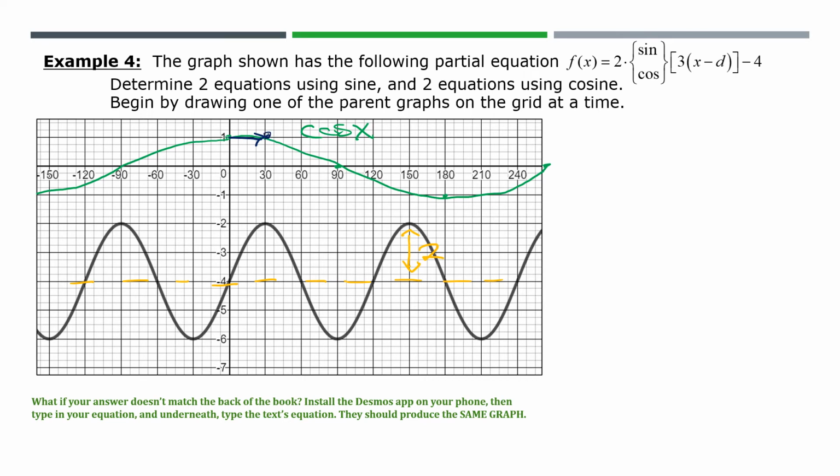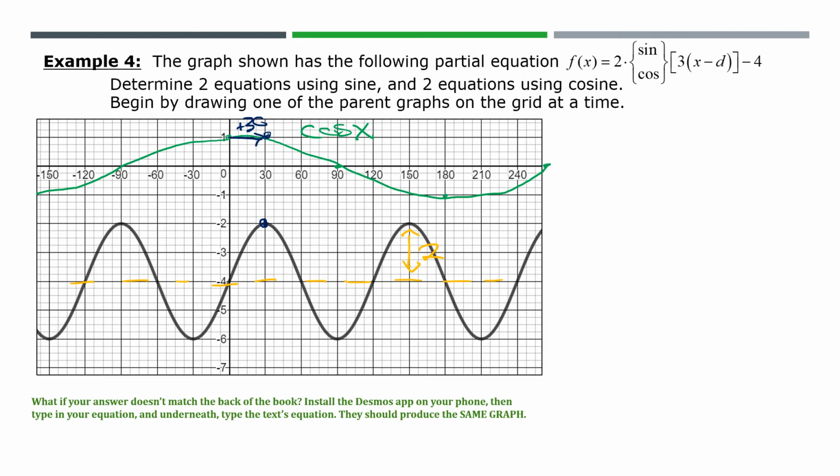So my maximum is now, well, it's down here, but my maximum has been pushed over 30 units. That's where the maximum is now. So the cosine graph had a maximum on the y-axis. This one doesn't. It's been pushed over 30 units. So I would have a d value of 30.